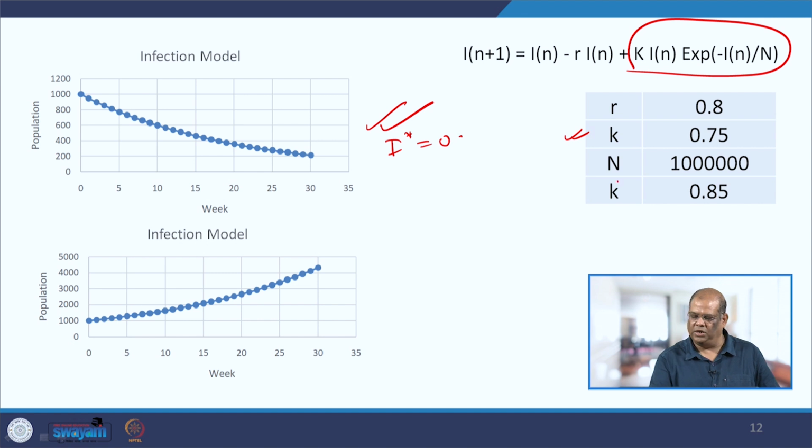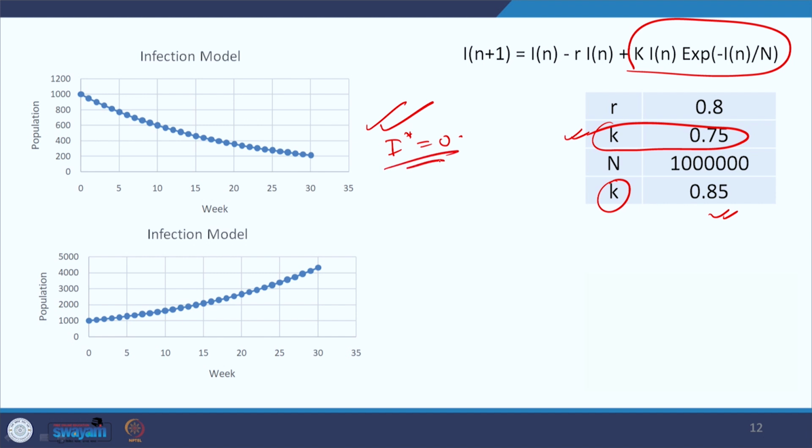But if I change the value of k to 0.85, I see that the graph rises, that is the infectious population rises. So, it depends on the initial conditions where you will be able to calculate the value of k, whether the system is stable about I star equal to 0 or the system is stable about I star equal to n ln k by r.